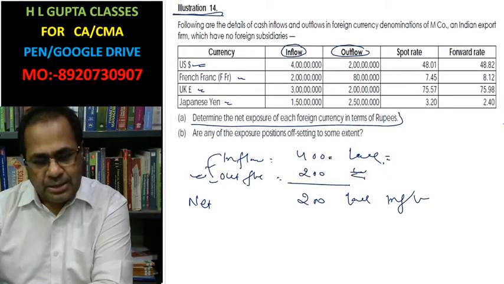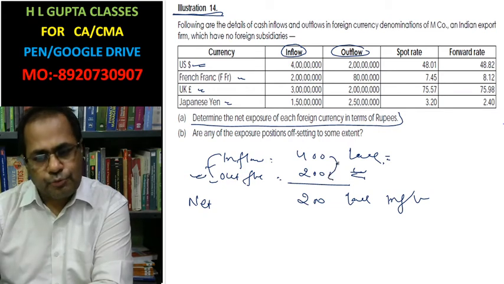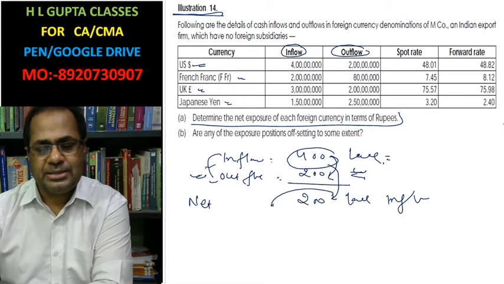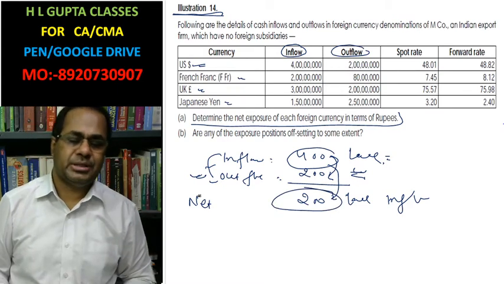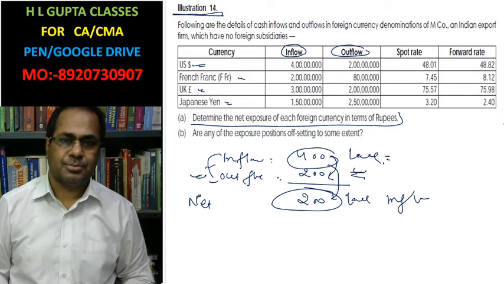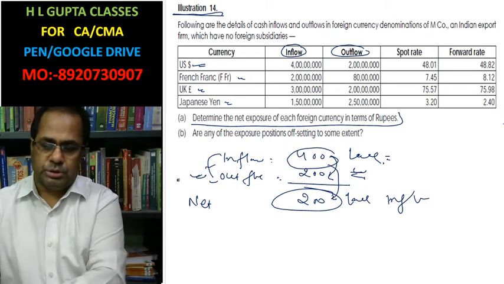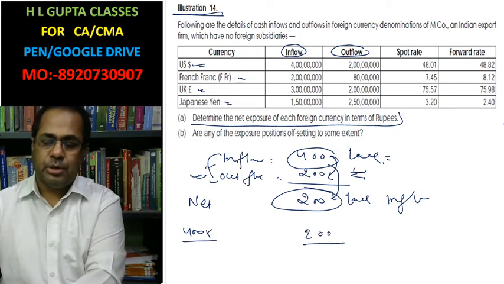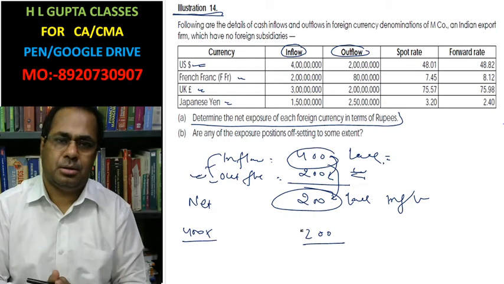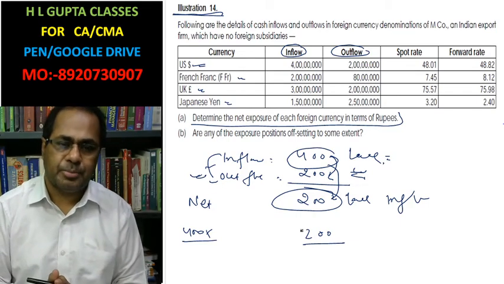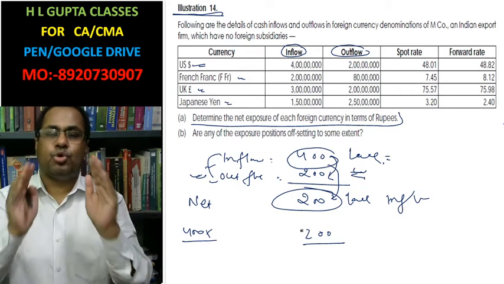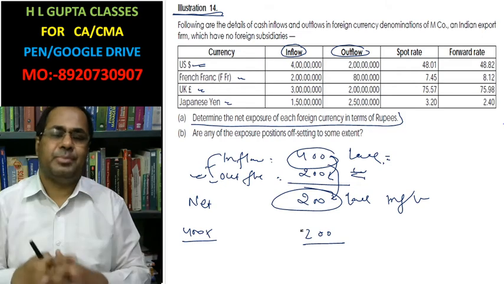First you pay the 200 lakh out of the 400 lakh, then the remaining 200 lakh is what you exchange in terms of rupees. There is no use changing them separately into rupees, because you would pay bank commission twice, for inflow as well as outflow. That's why netting exposure is applied for risk management.